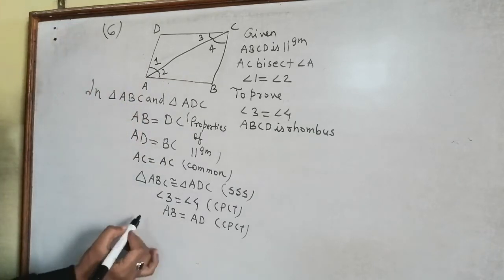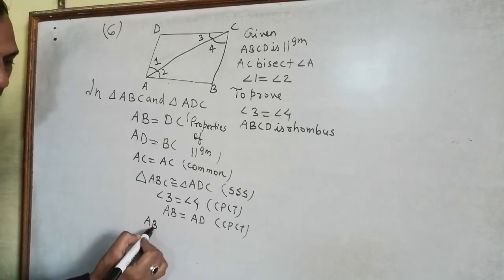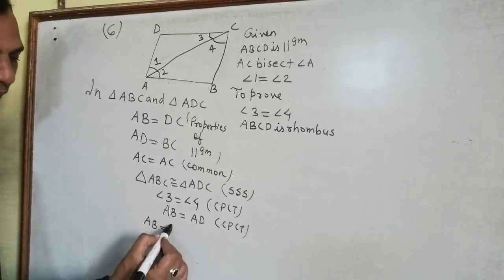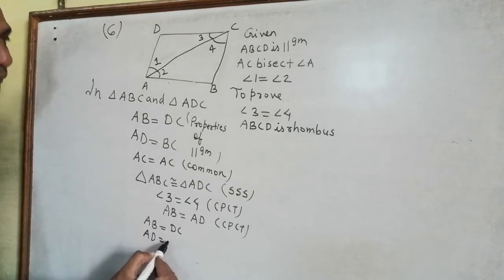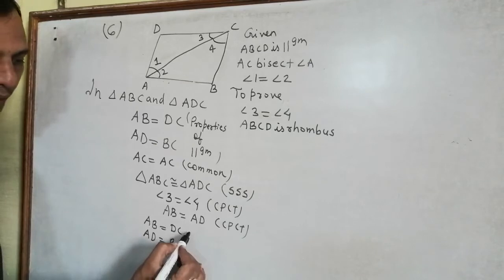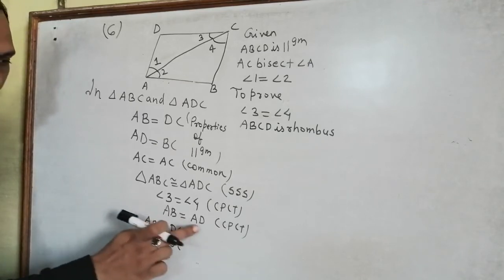So we can write here AB is equal to DC, already given in the question, and AD equal to BC. This is also given, these are the properties of the parallelogram, and AB equal to AD.